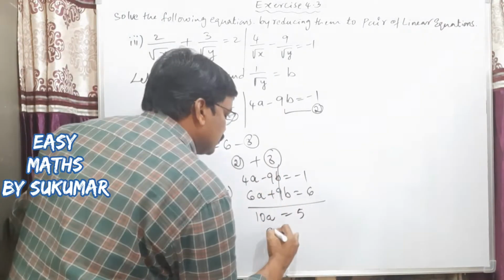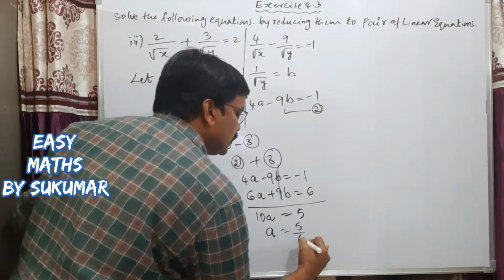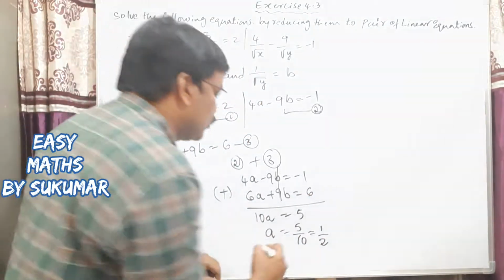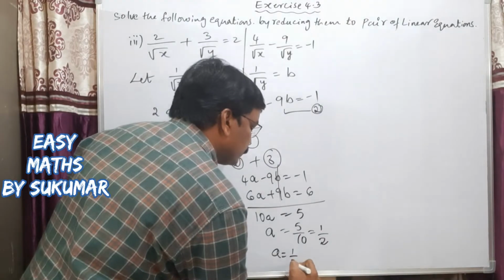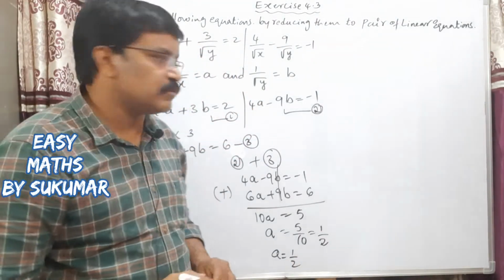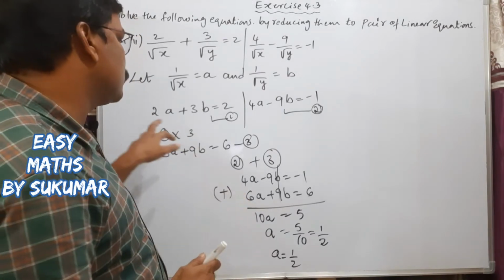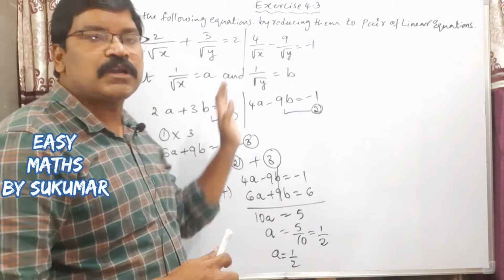So my dear students, here a is equal to 5 by 10, so that is equal to 1 by 2. The value of a is 1 by 2. Now just substitute this value of a is equal to 1 by 2 in either equation 1 or equation 2.